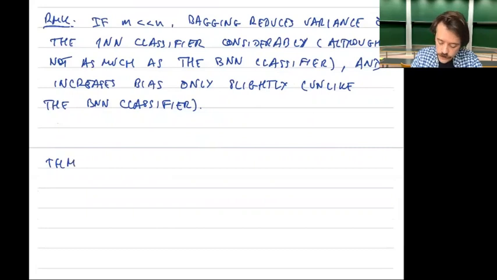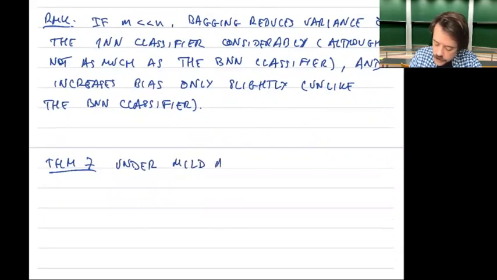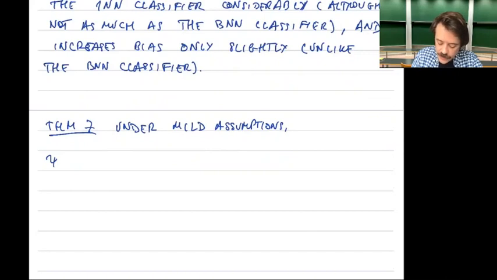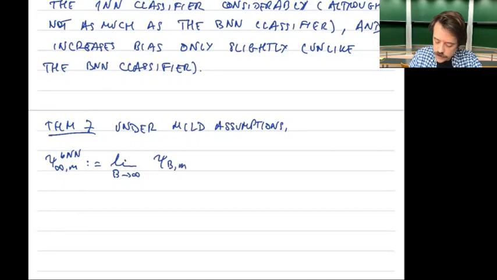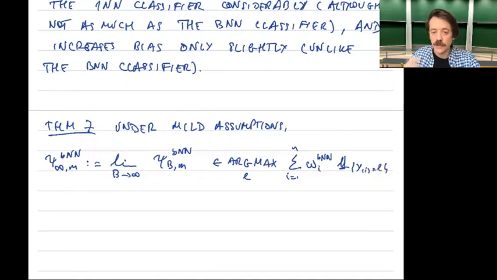So theorem 7. Under mild assumptions, we have that this guy, which is defined as the limit as B goes to infinity of the bagged nearest neighbor classifier, is going to be the argmax over L of the following quantity: the sum, this guy times the indicator that y is equal to L. Okay.